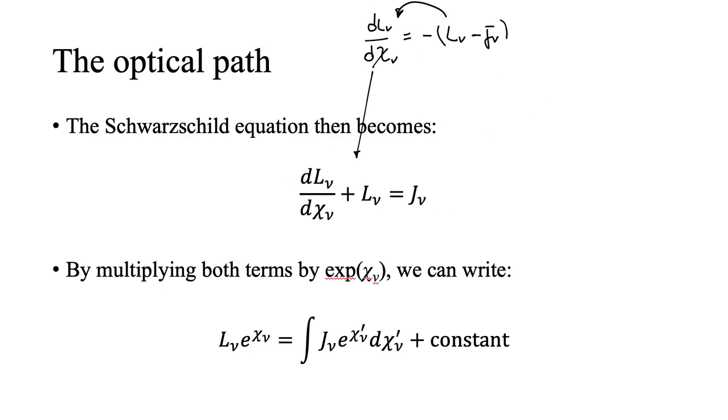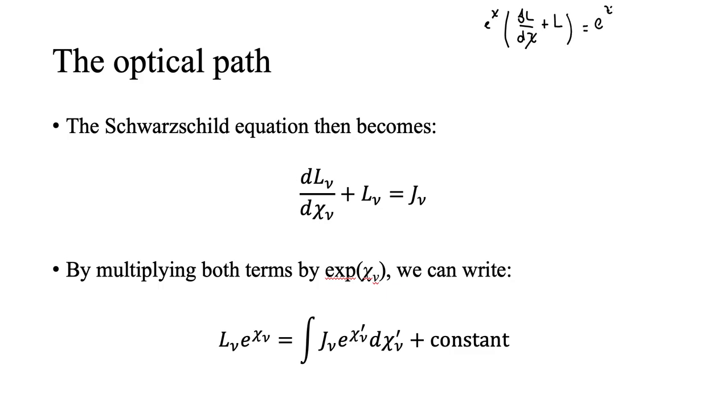Let me do it up here, there's a bit more space. We'd have, I'm going to drop the ν's just to make my life simple, but remember, everything is still dependent upon frequency, e to the χ times dL/dχ plus L equals e to the χ J. Now, let me ask you this.